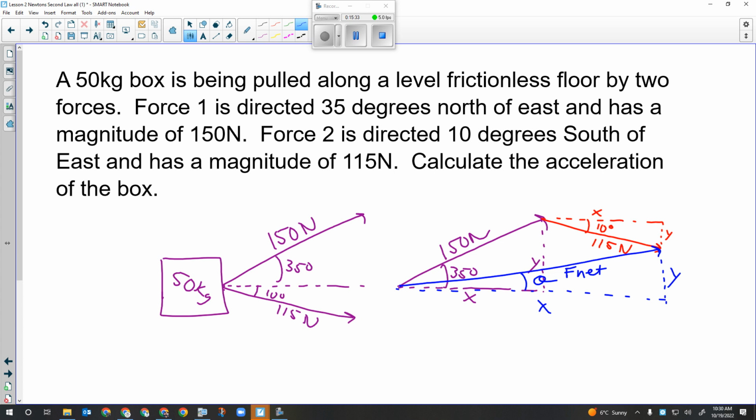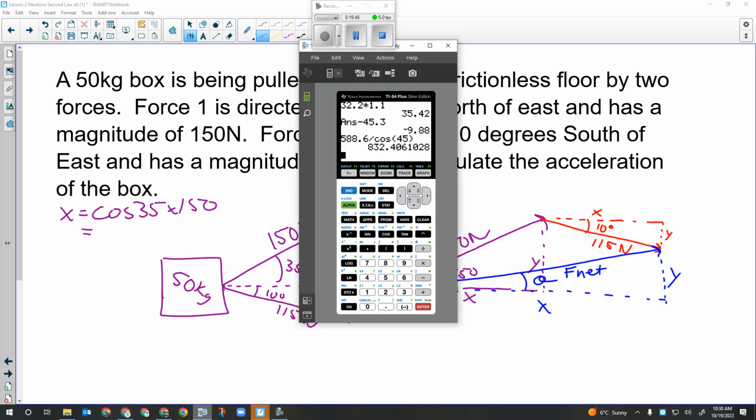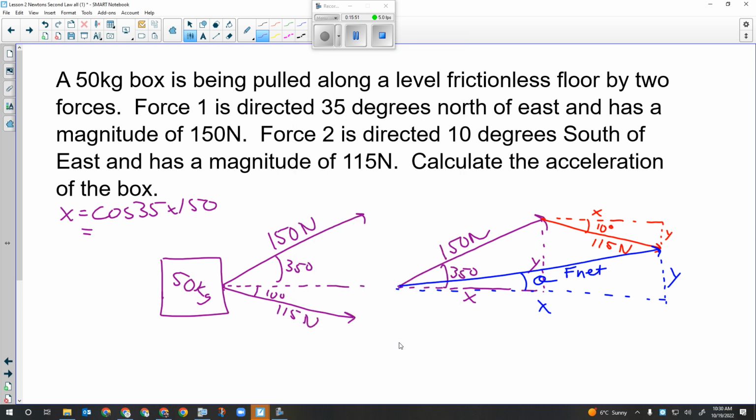Alright, so I'll find purple x and purple y first. Purple x is going to be the cos of 35 times 150. Okay, so 122.87 newtons east.